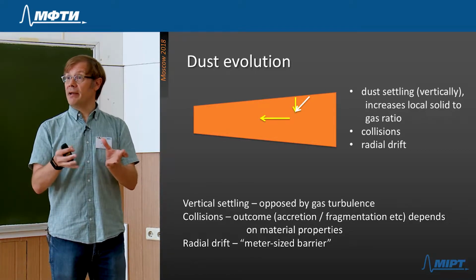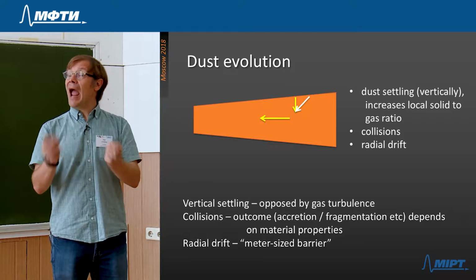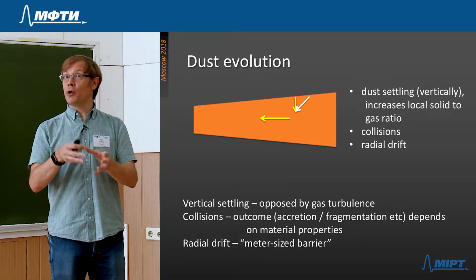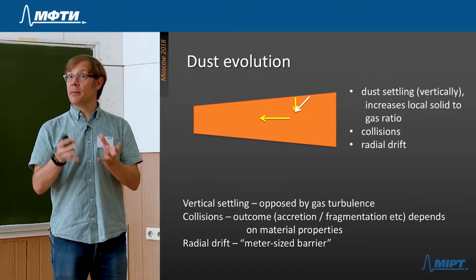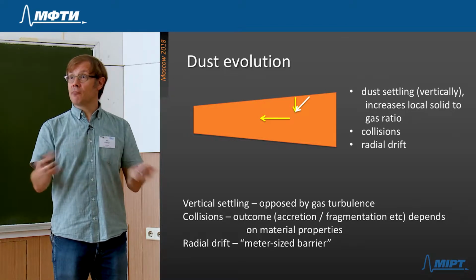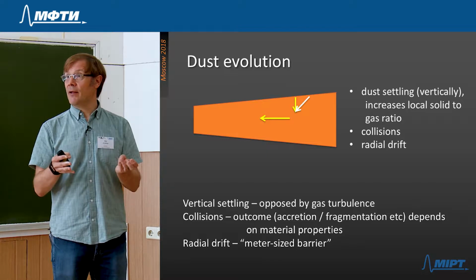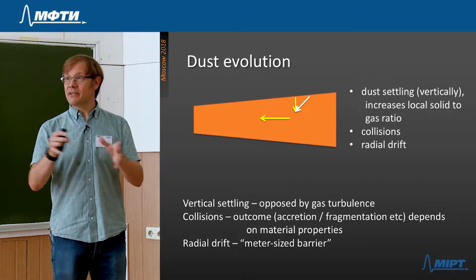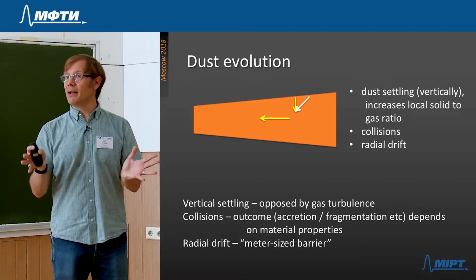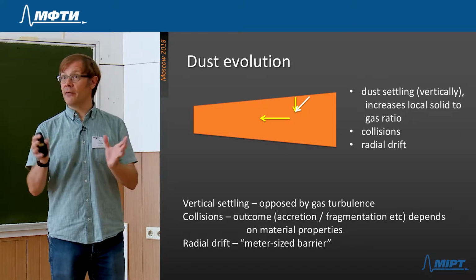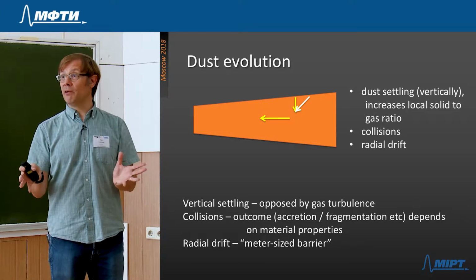We said on Monday that the speed of the gas orbiting the star is very close to Keplerian, but typically a little bit slower because there's a radial pressure gradient which provides some support against gravity. That was a small number, about 100 meters per second, even quite close to the star, so it's not large compared to the orbital velocity.